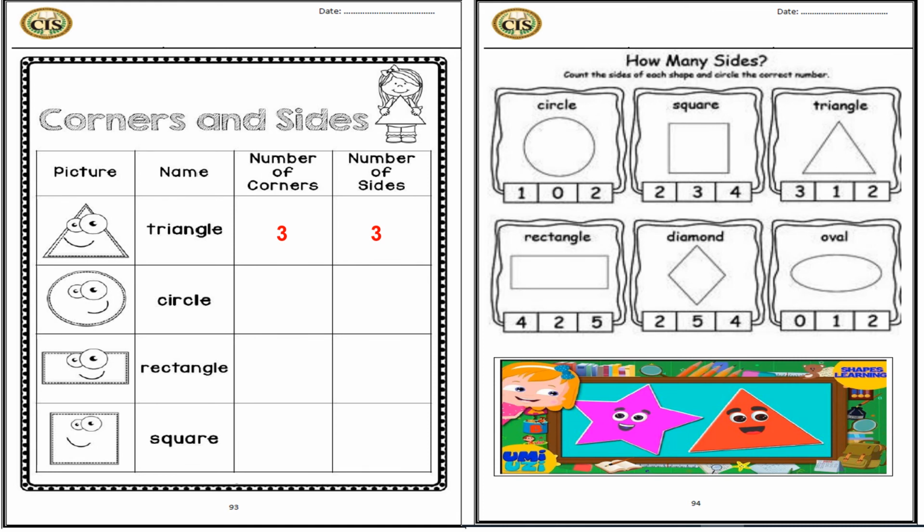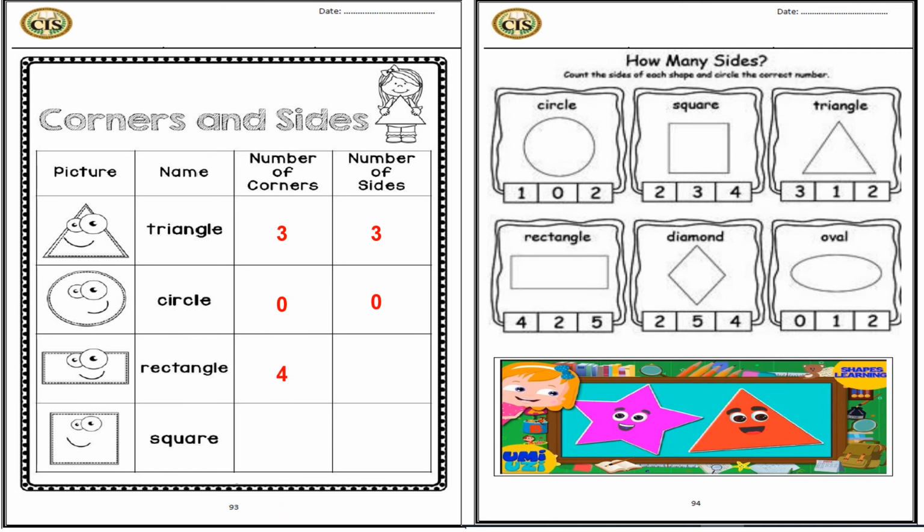Then the second shape, we call it circle. How many corners? We call the shape Mr. Zero. So we have 0 corners. And how many sides? 0 sides. Then let's move to the rectangle. How many corners? 4.